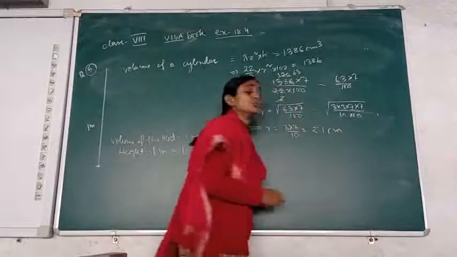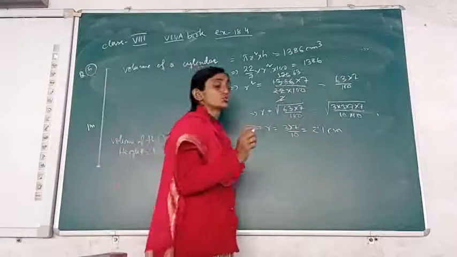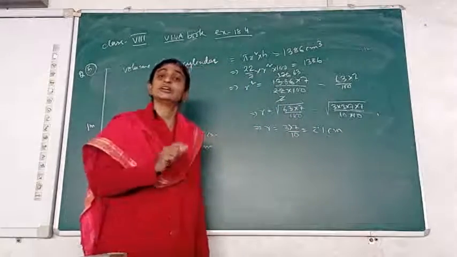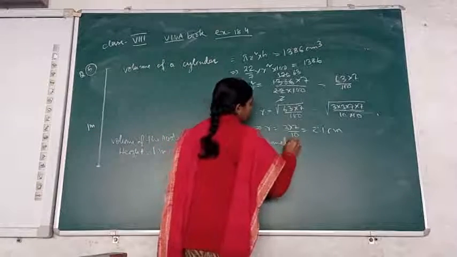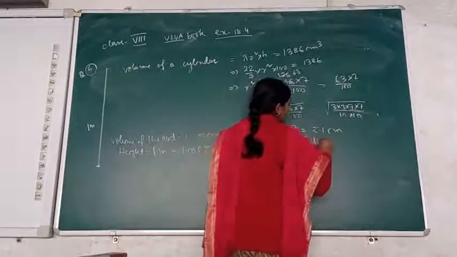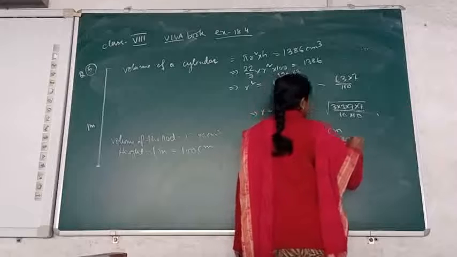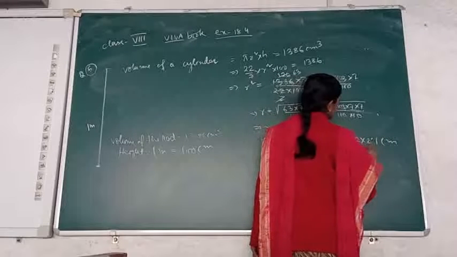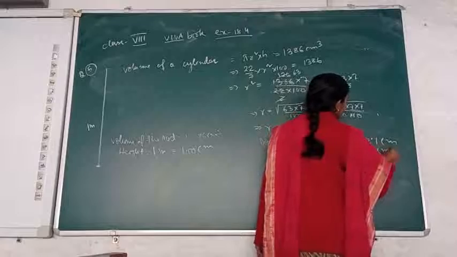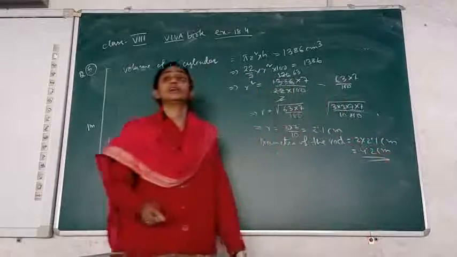The unit will be centimeter. But in this question you are asked the diameter, not the radius. So diameter of the rod equals 2 into 2.1 centimeter, that means 4.2 centimeter. This is the diameter of the rod.